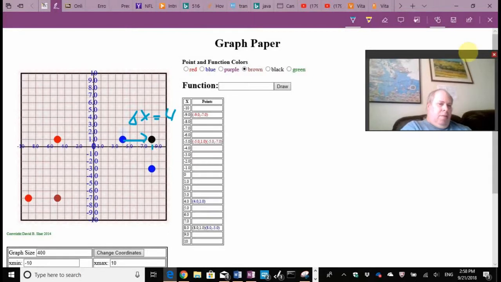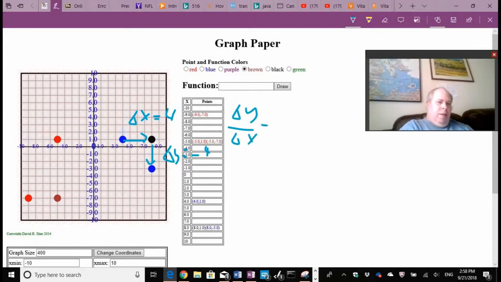Then we'll go down, and that gives me a negative because the numbers are going down. Delta y equals -4. So the blue function delta y over delta x equals -4 divided by 4, which equals -1.